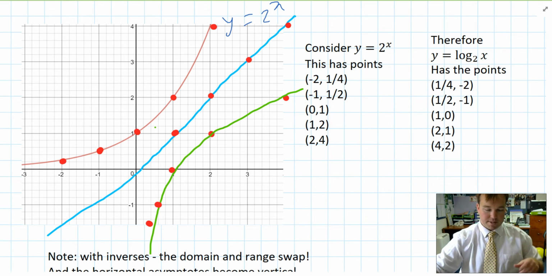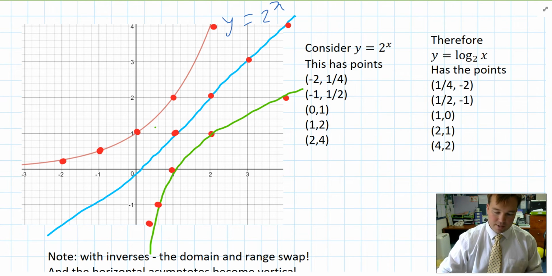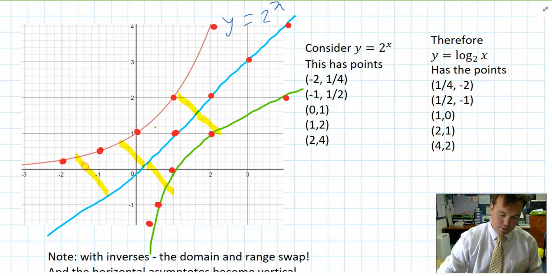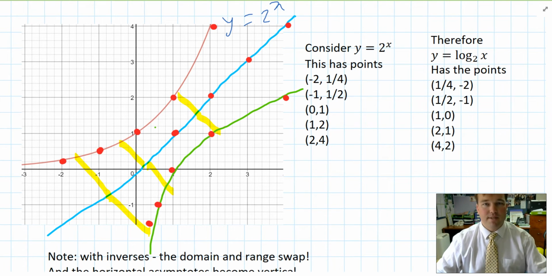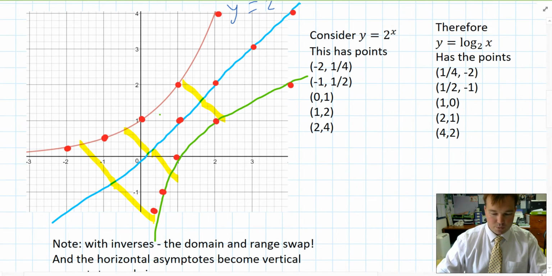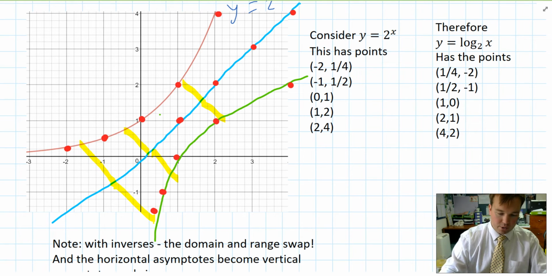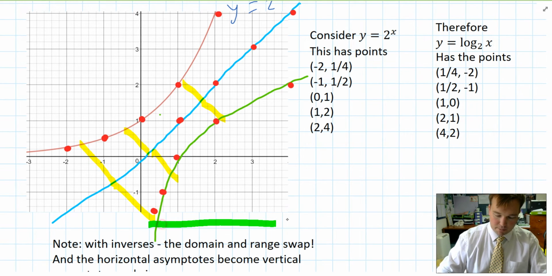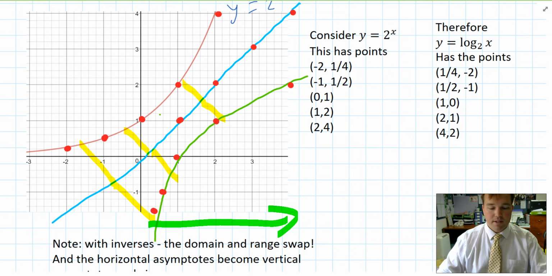So a few properties come from this reflection. This distance and this distance, this distance and this distance, will always be equal and opposite. That comes from just the reflective properties. Note that the domain and the range swap. Originally, we had a strictly positive range. Now, in our green function, we have a strictly positive domain.